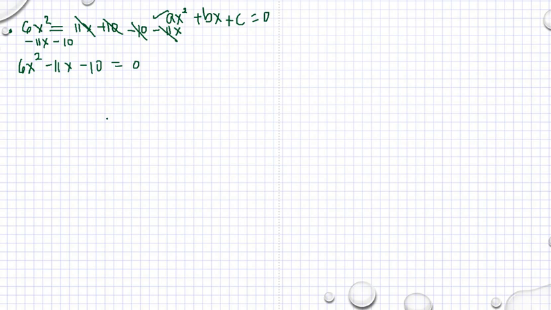There are two ways to factor 10 and two ways to factor 6. For 6x squared, we have either 6 times 1 or 3 times 2. And negative 10 will be negative 5 and positive 2, or positive 5 and negative 2. Then we have 11.